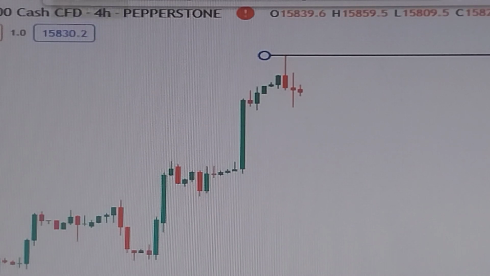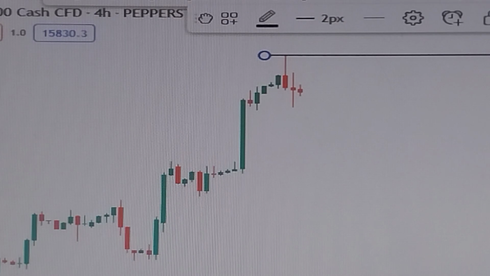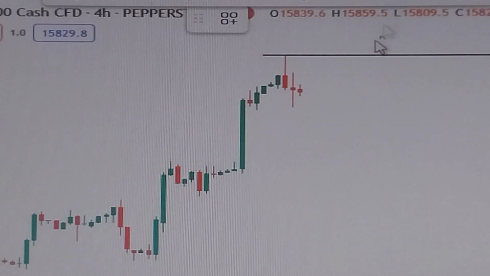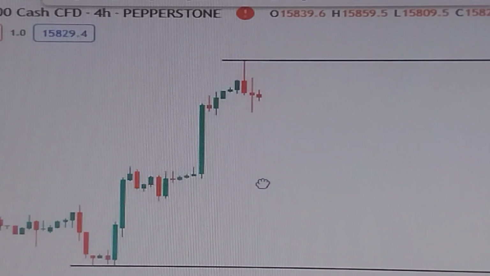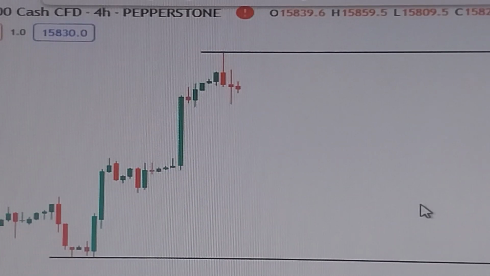Okay, that's the high that our price gave us, and these lows that you see right here. So our main focus is going to be on the swing highs and swing lows that the market has given us for today.